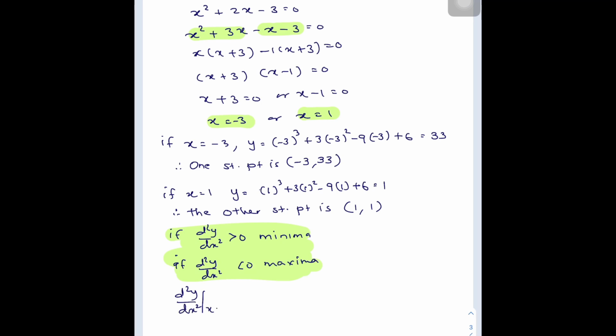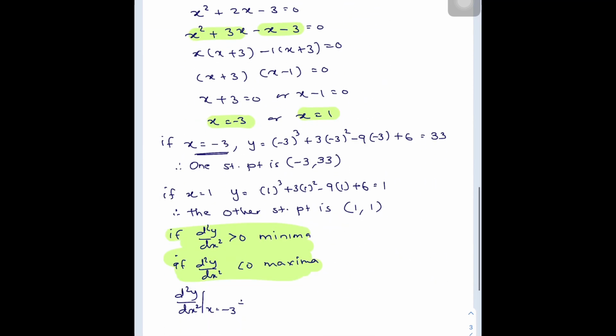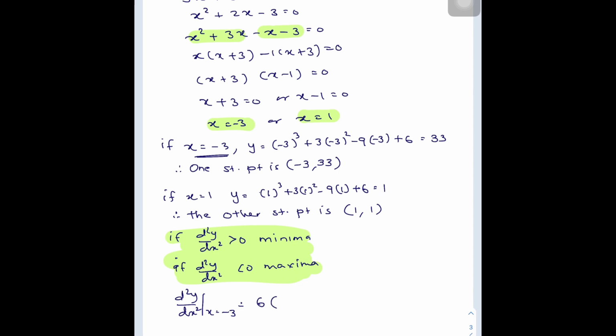So I'm writing d squared y over dx squared at x equals the first one, -3. d squared y over dx squared is 6x plus 6. 6 times -3 plus 6 is -18 plus 6, which is -12, less than 0. So this point, -3, 33, is less than 0, meaning a maximum point.